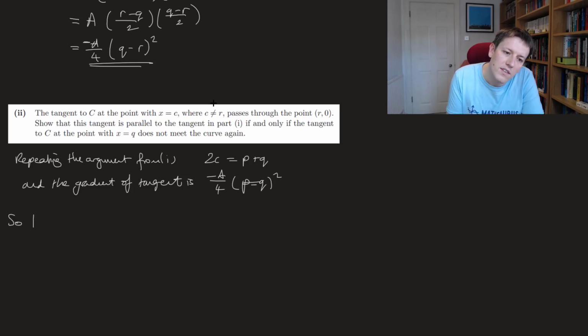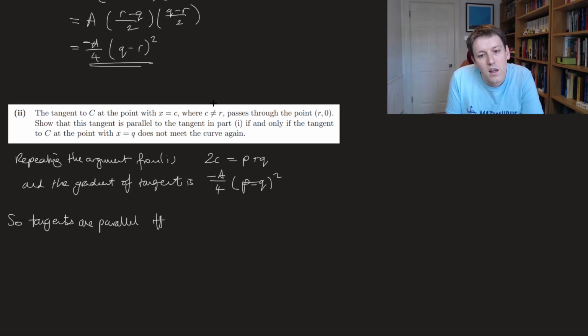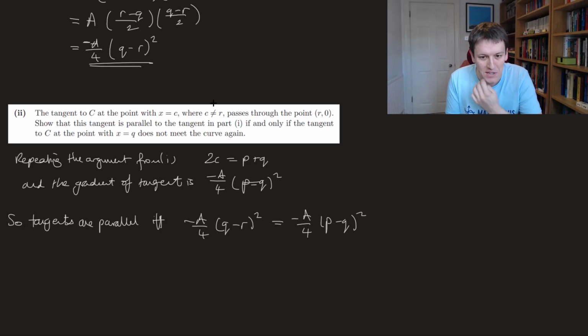Okay, so the tangents are parallel if the gradients are the same, right? So I'd have to have minus a over 4 q minus r squared from the first part of the question is equal to minus a over 4 p minus q squared from the second part of the question, right?